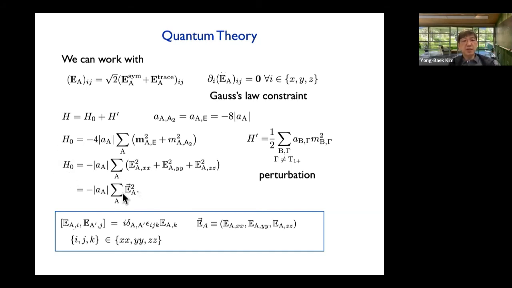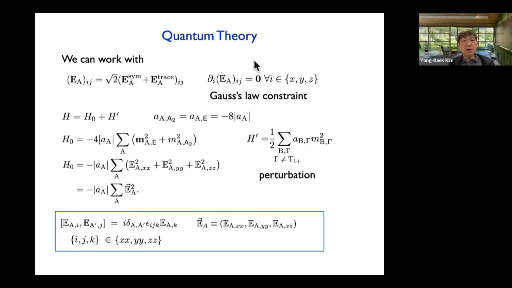And if you remember that these electric fields are nothing but spin variables, it's natural to expect that these electric field operators actually satisfy the usual SU(2) commutation relation. If you think about this as the x, y, z components of some kind of spin, then it's easy to understand. It just becomes a rotor model. And this is a very simple model.